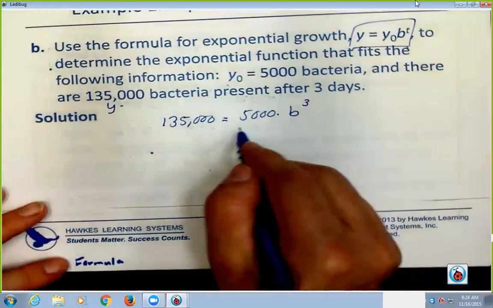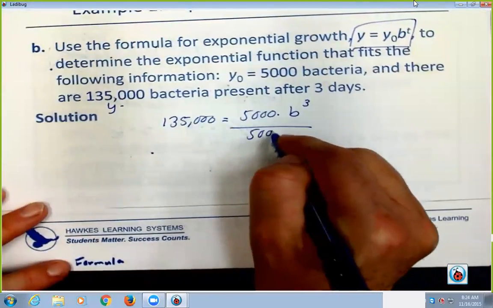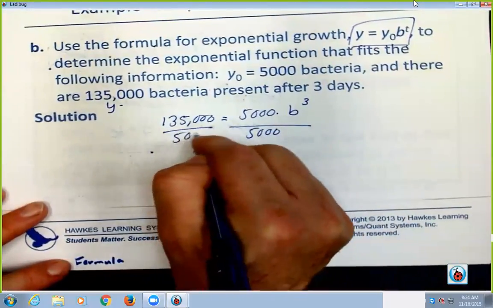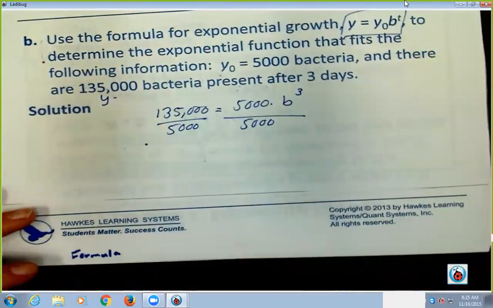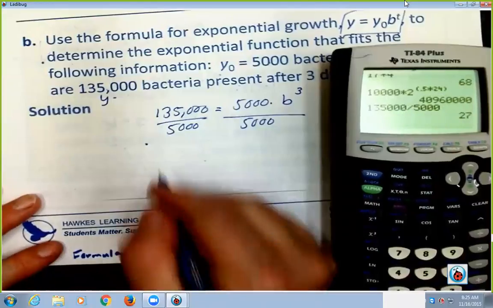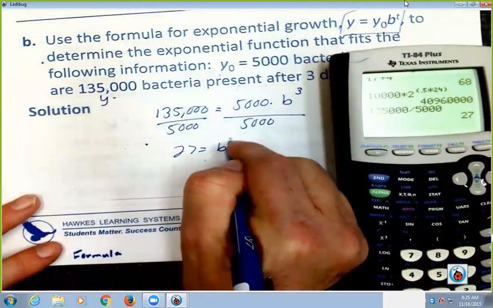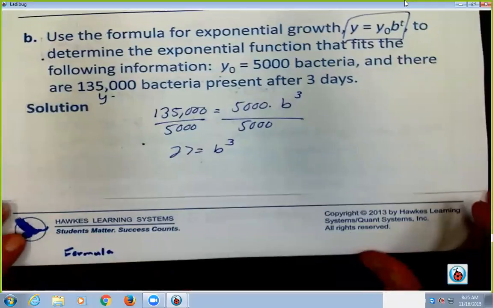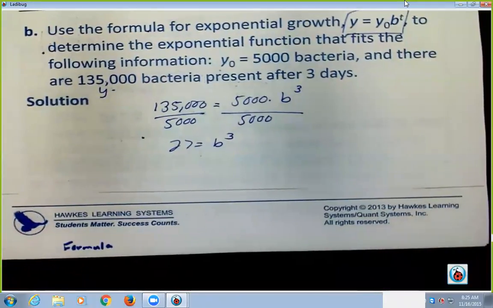So to solve it, I need to divide both sides by 5,000. And so 135,000 divided by 5,000 is going to equal 27. And so I have 27 equals b to the third power.